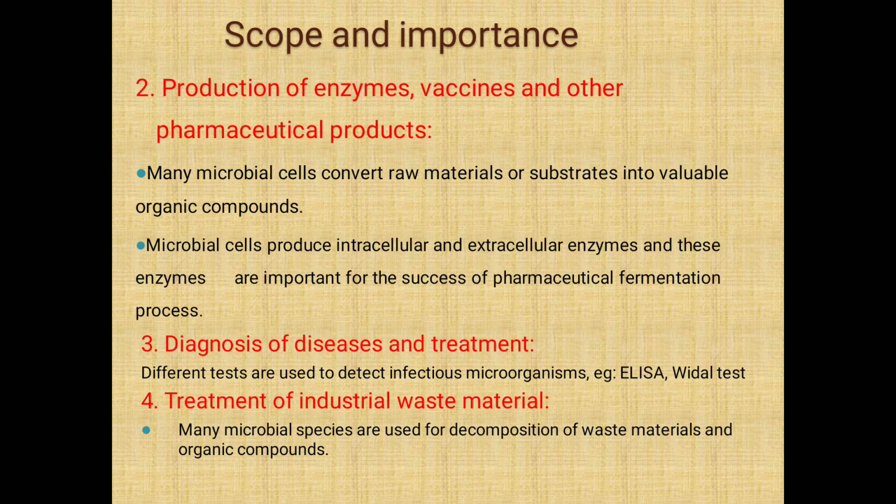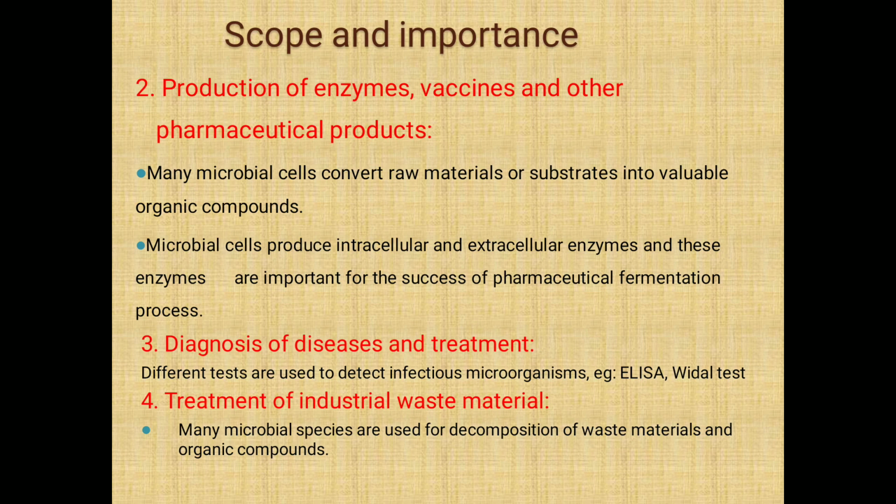Second, production of enzymes, vaccines, and other pharmaceutical products. Many microbial cells convert raw materials or substrates into valuable organic compounds. For example, sugar is converted into industrial alcohol by the process of fermentation, and fermentation works in the presence of microorganisms.